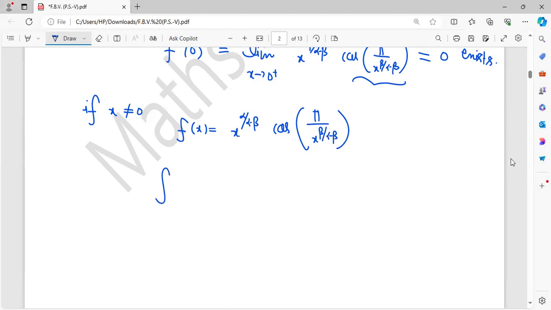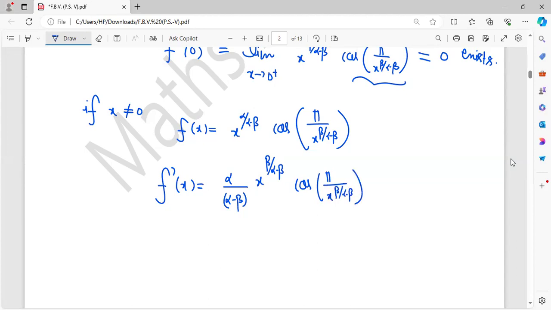So take differentiation. f dash is equal to, alpha upon alpha minus beta x to the power beta upon alpha minus beta cos of pi upon x to the power beta upon alpha minus beta.